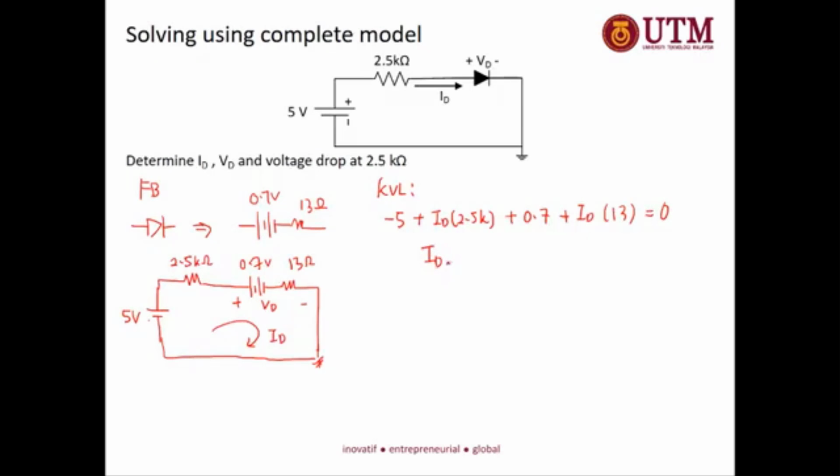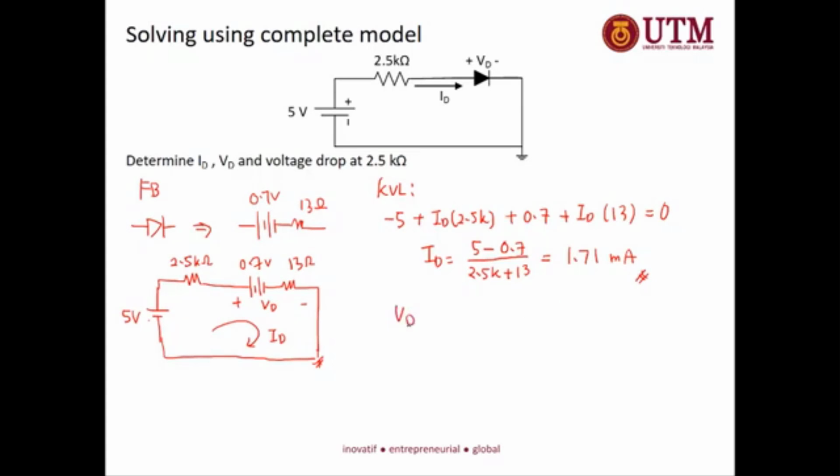Then you can calculate ID is 5 minus 0.7 over 2.5K plus 13. So this is equal to 1.71 milliampere.